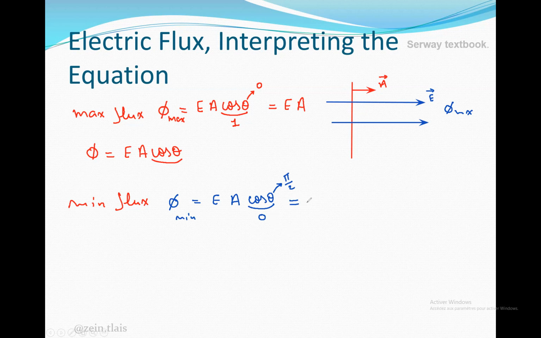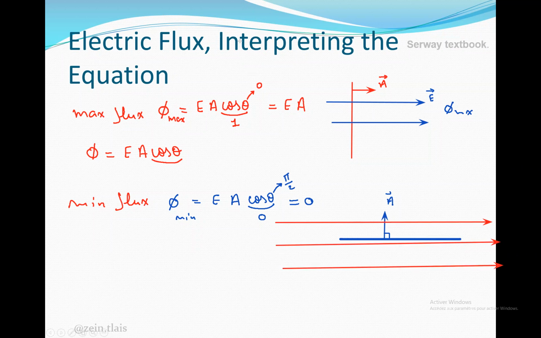So the total flux must be equal to 0 in this case, when the window is like this, and A is perpendicular, we have A, and the field is directed in this way.